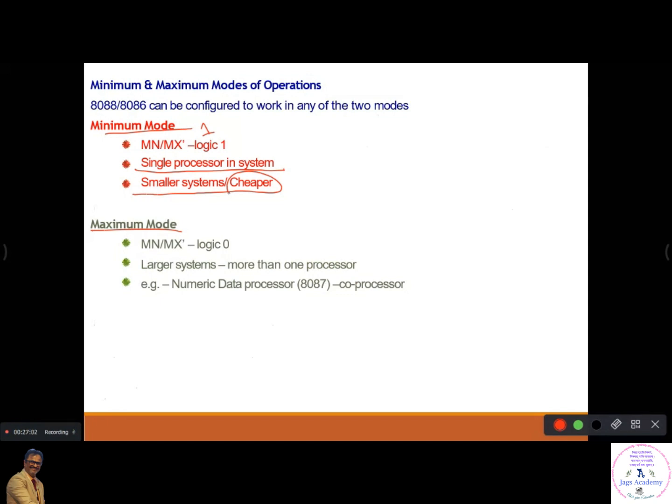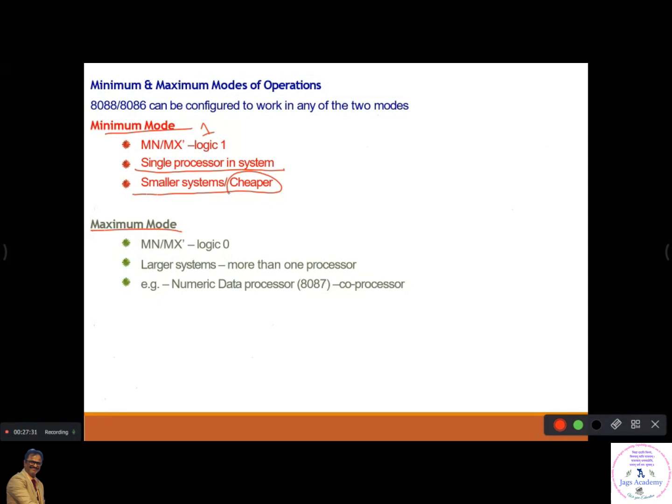So how does it work in max mode? Your microprocessor always has some limited capability, right? Especially when it comes to math operations and floating point operations, the microprocessor needs somebody else to help. At that time, you have to connect a coprocessor along with the 8086 microprocessor.